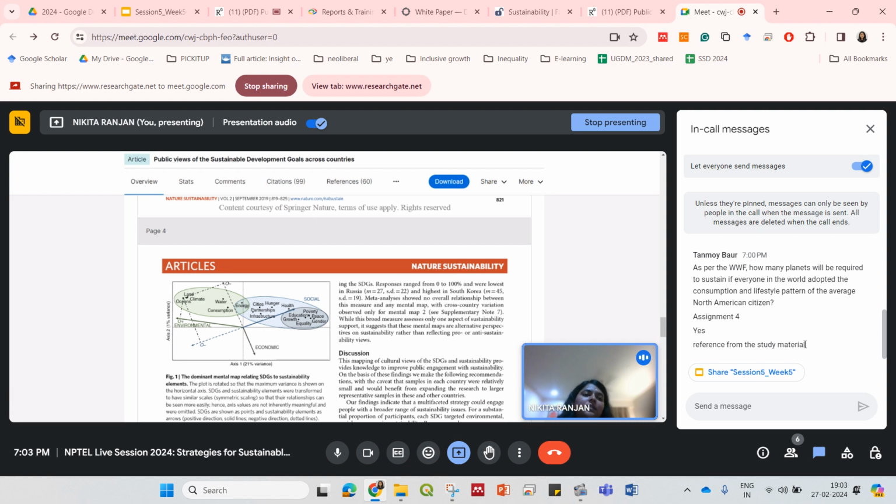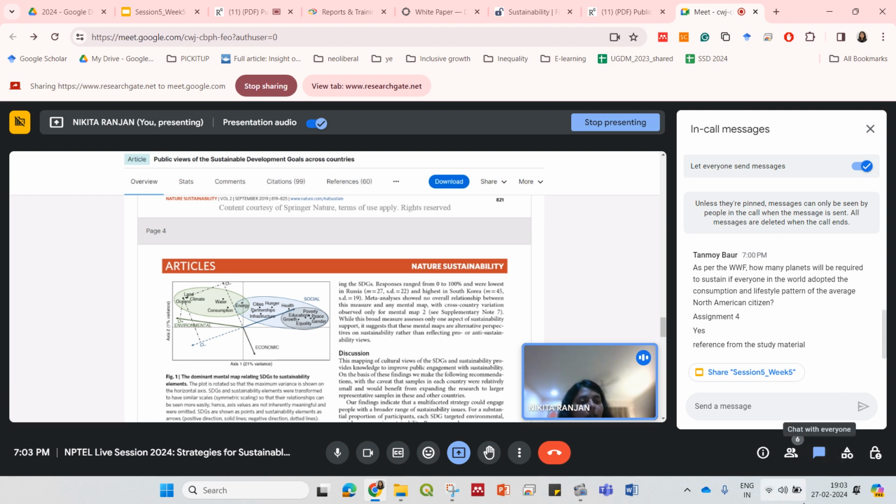These kind of things come into adaptation. So mitigation is something which we are doing to reduce the impact which we have already produced, and adaptation is something which we are doing to adjust into the environment which already has the impacts, and we have to live with the impact. So we are adapting to the impacts which are already there.